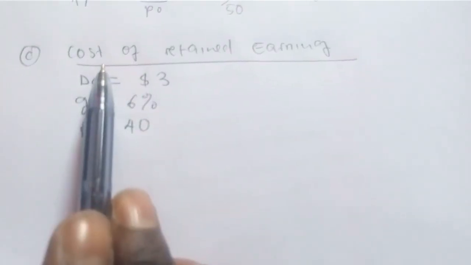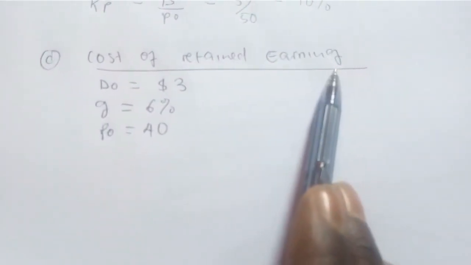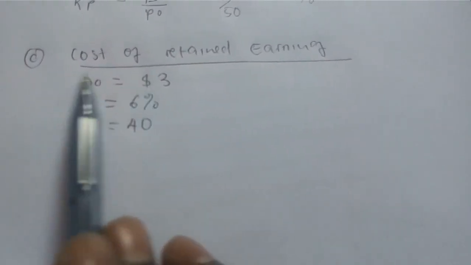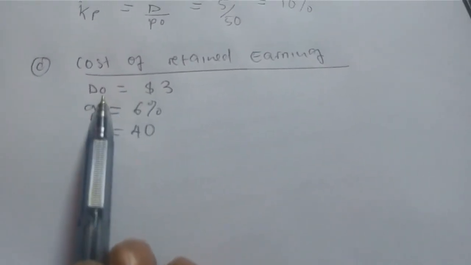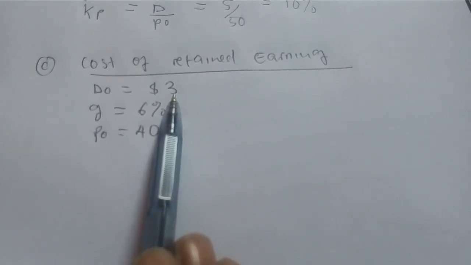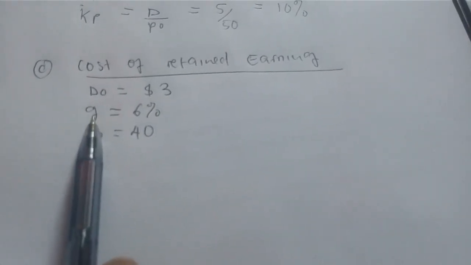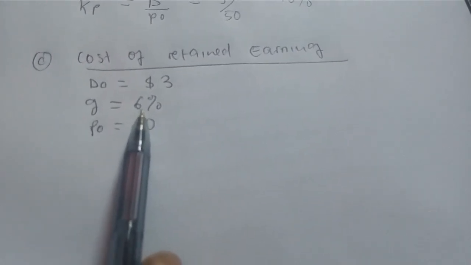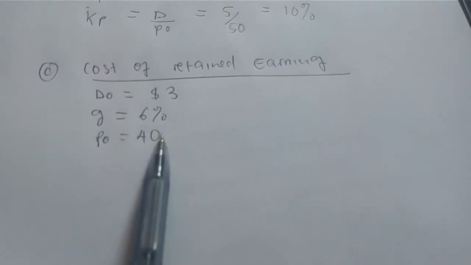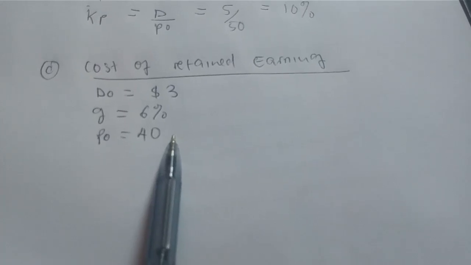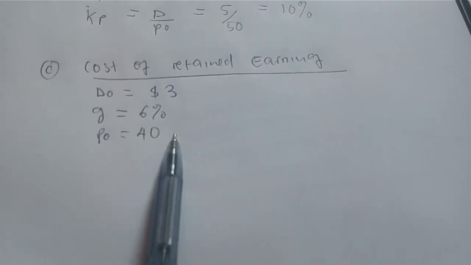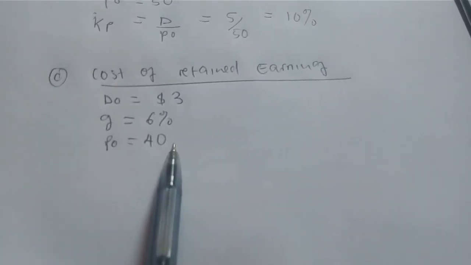So part C is asking us to find the cost of retained earnings. Going back to the information in that question, we only had the current dividend of $3, and then the growth, which is a constant, has been projected at 6%, and then the current market price of the common share has been given to be 40.